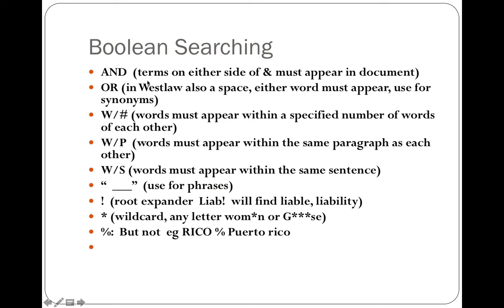Okay, so our Boolean search terms are connectors. Remember, our terms are our terms, but then our connectors we have and, or, within a number of words, or within a paragraph, within the sentence. Quotes for phrases, our exclamation point, which is our root expander, our wildcard, and then our but not. Okay, I know I went through that super fast, but they're just things you're going to have to learn. That's what we're here to do, is to learn.